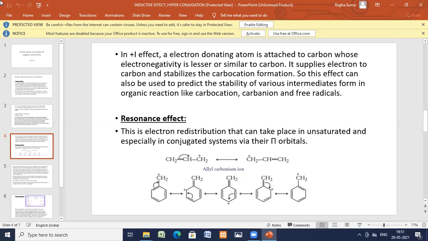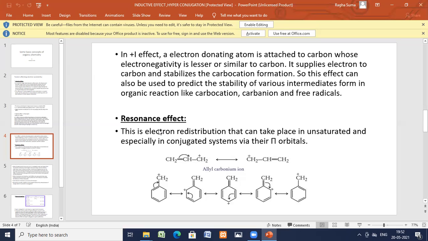I'm repeating, when an atom or a group replaces hydrogen and decreases the electron density, then that is the minus I effect. If the electron density is increased by that atom or group, then that is the plus I effect. Okay? And we have various applications for this inductive effect.